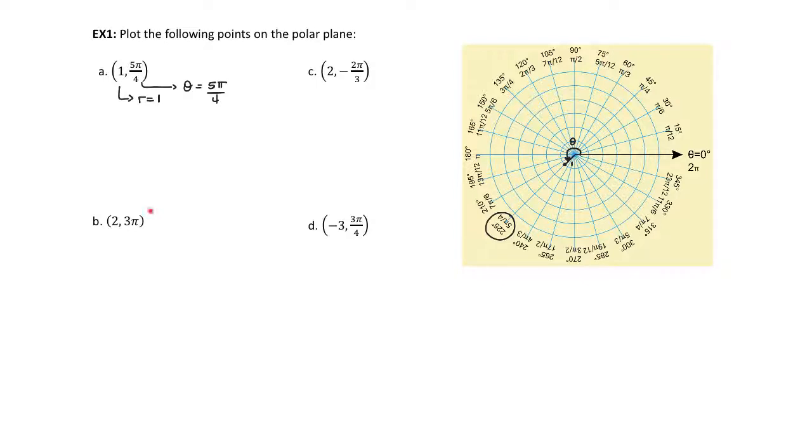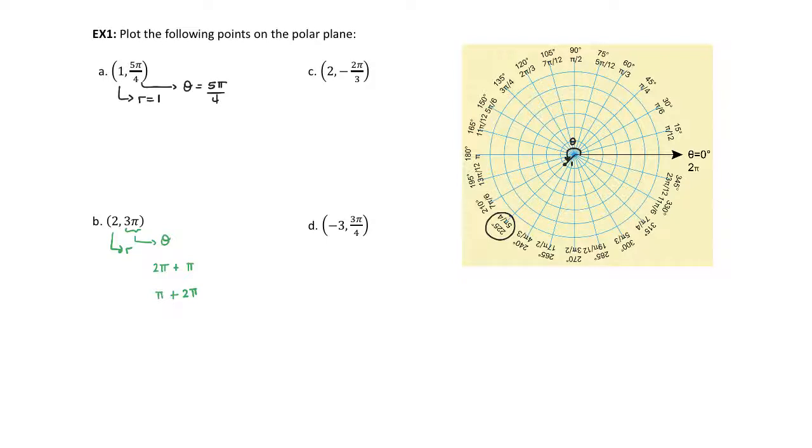Now we're going to go on to B. So for B, we know that r is 2, and we know that 3 pi is going to be theta. 3 pi. That means that we went 1 complete revolution plus pi, or rather pi plus a complete revolution. Maybe that's a better way of thinking about it.